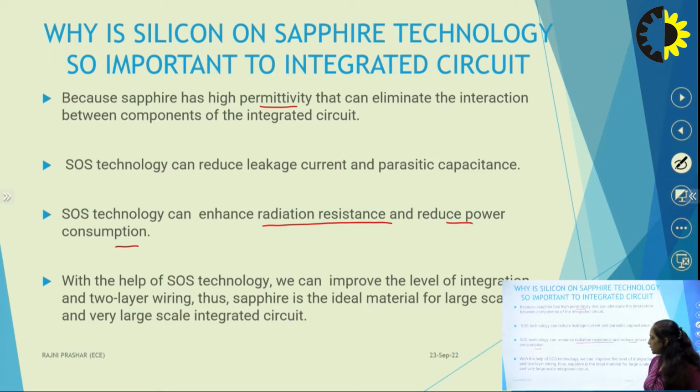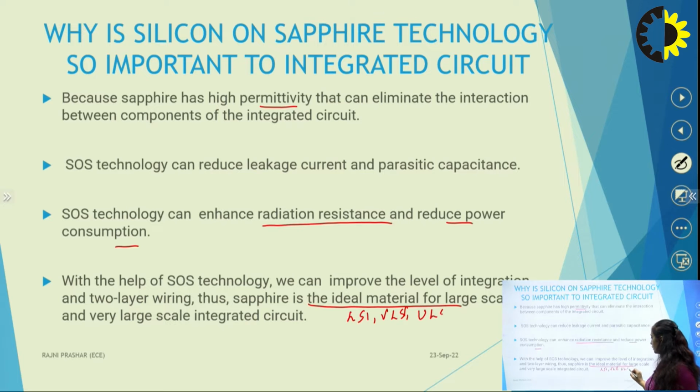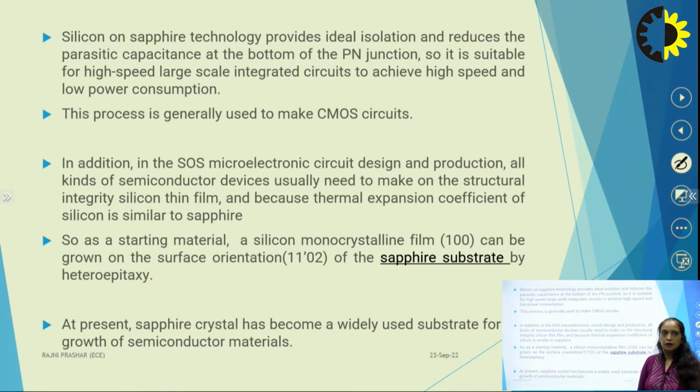With the help of this SOS technology, we can improve the level of integration, and two-layer wiring can be used. Thus, sapphire is an ideal material for LSI, VLSI, ULSI, and above. So for these chips, sapphire is the ideal material.